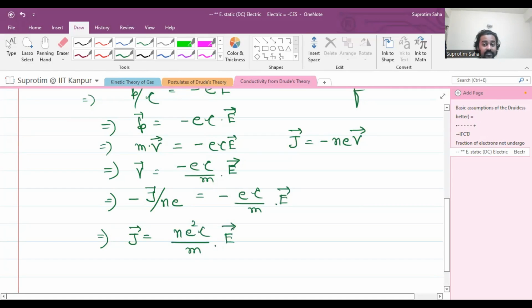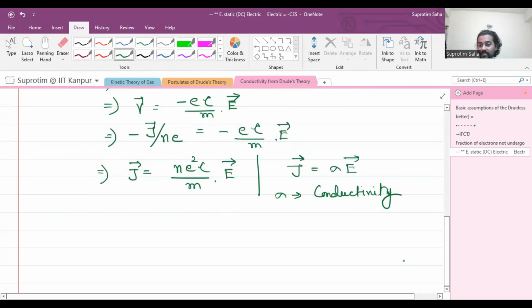Now, if you realize that from Ohm's law, we knew J is equal to sigma E vector, right? Where sigma is the conductivity of the material.